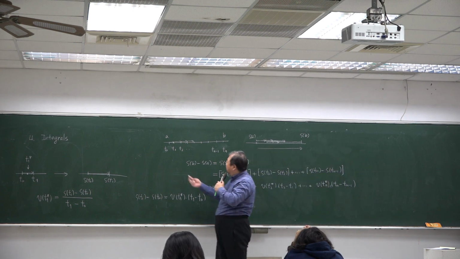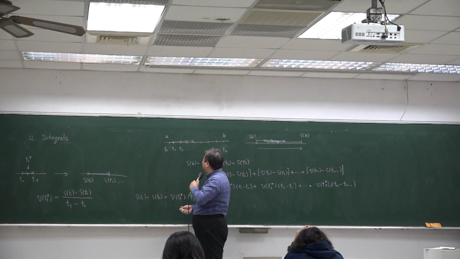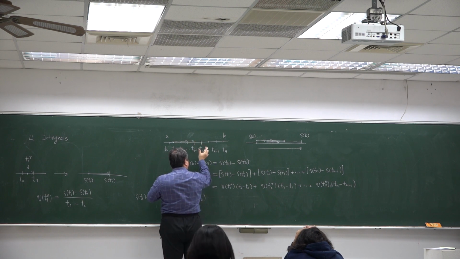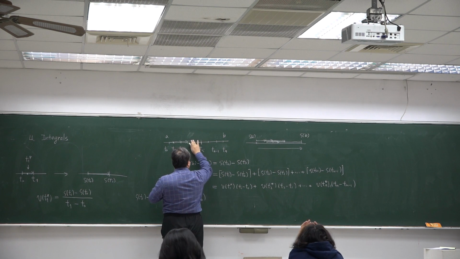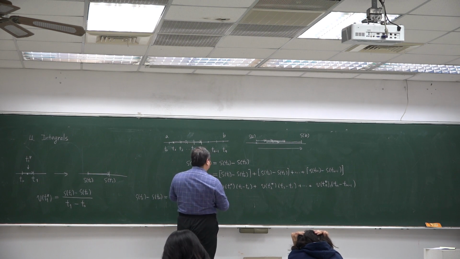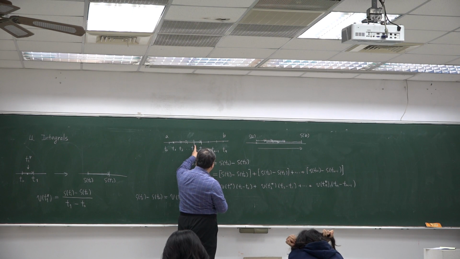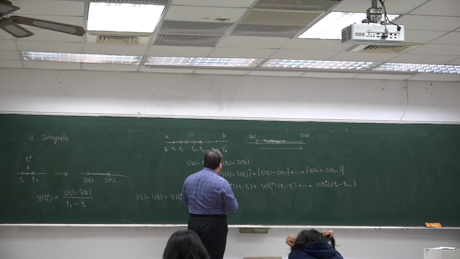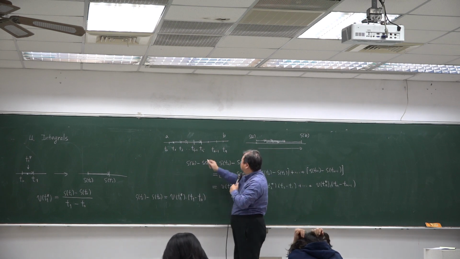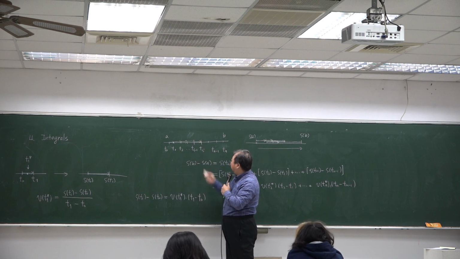Because if ti minus 1 and ti are very close, so that the difference is very small, and if the velocity function is continuous, then V of ti star is almost V of ti or V of ti minus 1, because by continuity the values of V here or anywhere are almost the same.